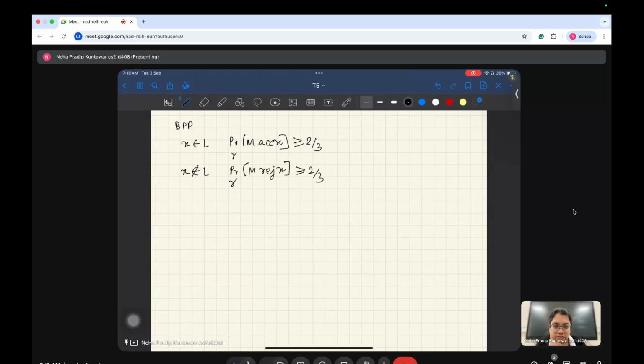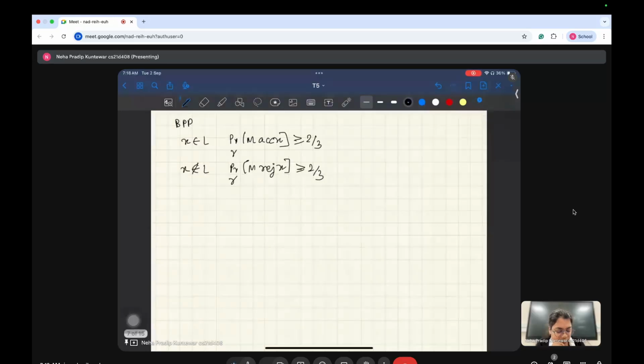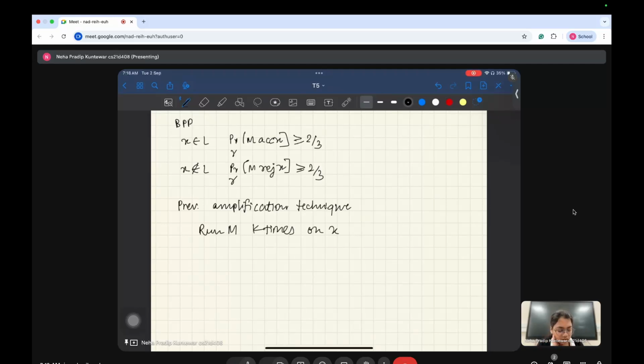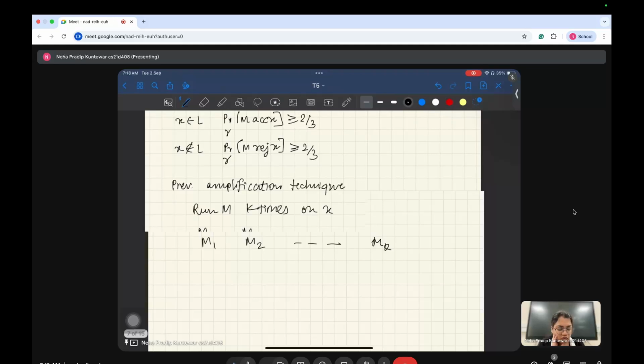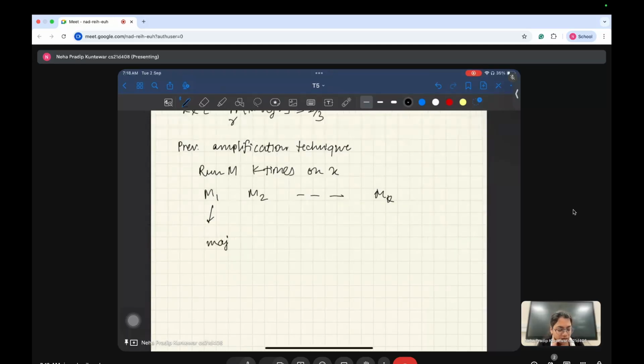Okay, so let's use the same previous amplification technique, which is to run M k times on x. These are independent runs, so M1 is the first run, and so on, these are the k runs. Now let's do the same thing: take a majority. If the majority accept, then we accept, otherwise we reject.